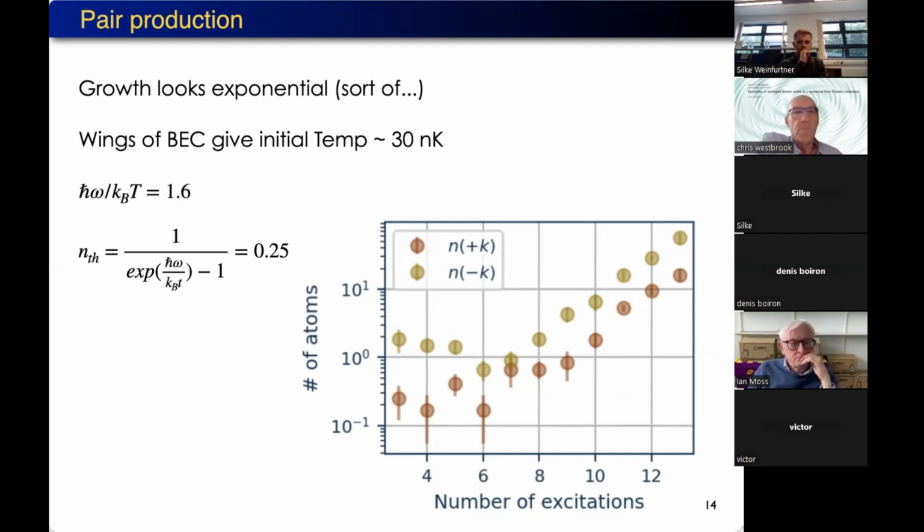The data I've shown also allows us, like I said, to back out an approximate value for the temperature, and that's where this thermal fraction comes from. This calculation gives you an estimate of the thermal fraction of the excitations at this temperature.